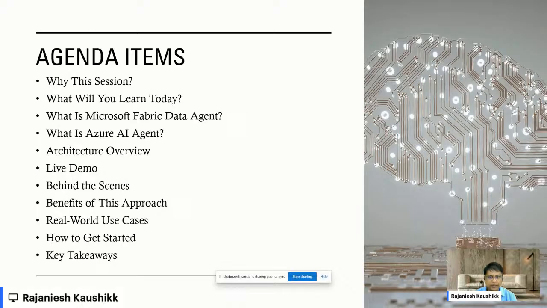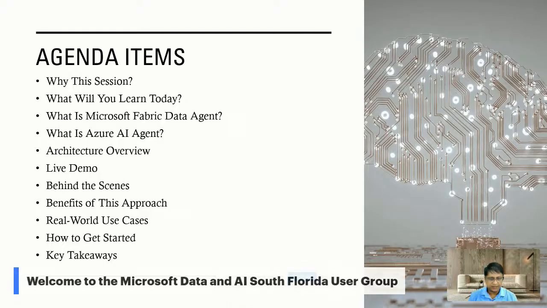Then we will jump to a demo, understand what is happening behind the scenes, and look at the different benefits of the approach we implemented in the demo, and then some real-world use cases which you can definitely go back and implement. And if you are interested in the Fabric Data Agent and related technologies, how do you get started with it, and key takeaways from this session? So let's get started, guys.